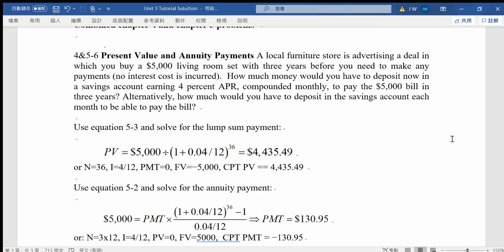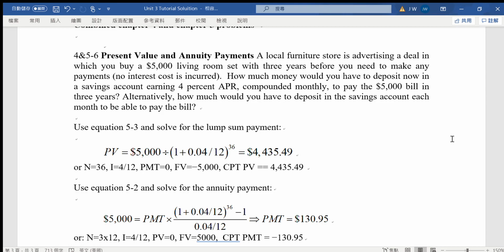For the first one, it is paid by one lump sum, so you need to work out what the present value should be. You need to save up so that you can accumulate with the interest, and then finally pay the 5,000 in the future. So the future value should be 5,000.